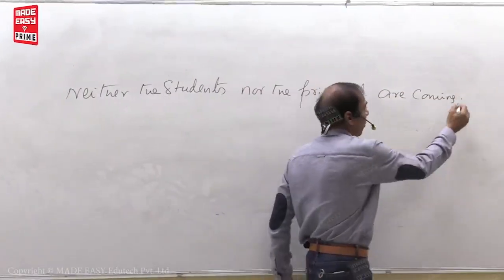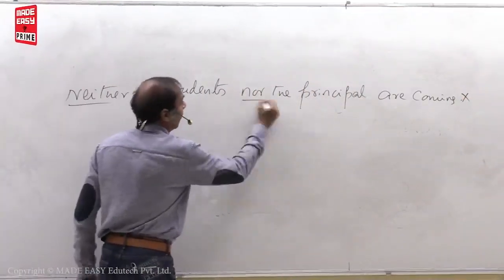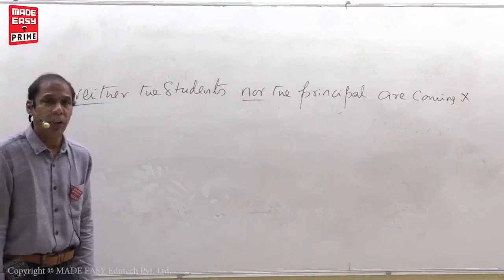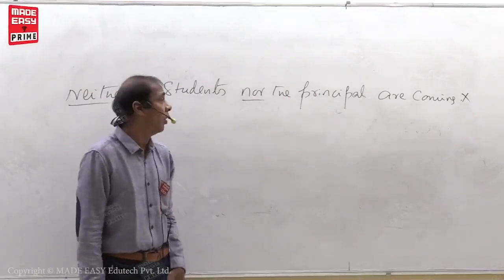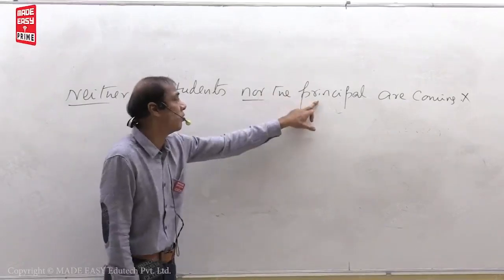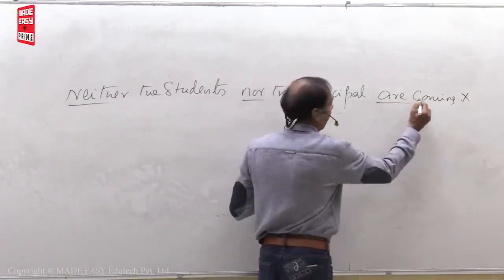This is wrong. Why? Observe. When we use neither nor, what is the subject nearest to nor? We have to identify. Principal. Principal is singular. So we have to use singular verb.